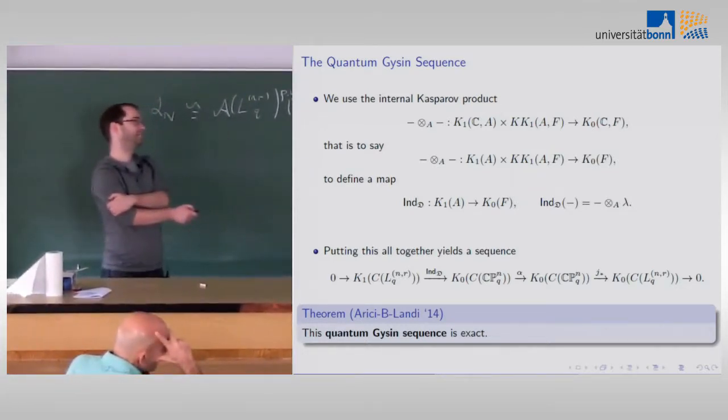And it's just a fact that K1 of the complex numbers with A is, so that should be a KK1, that's a mistake, and that should be a KK0.